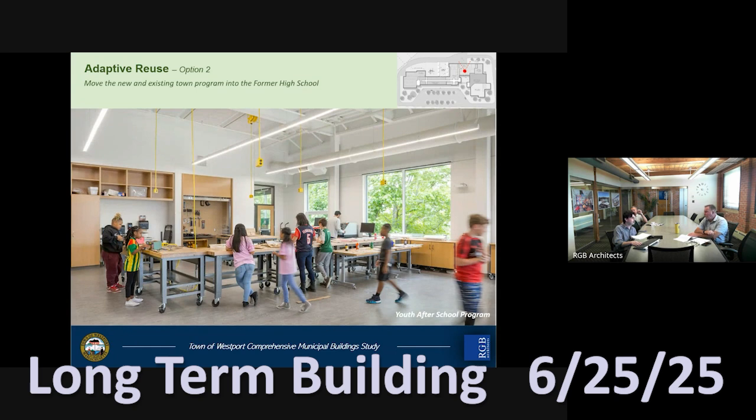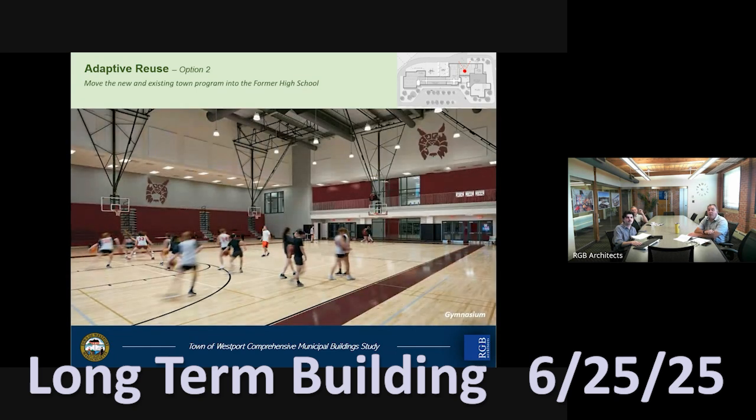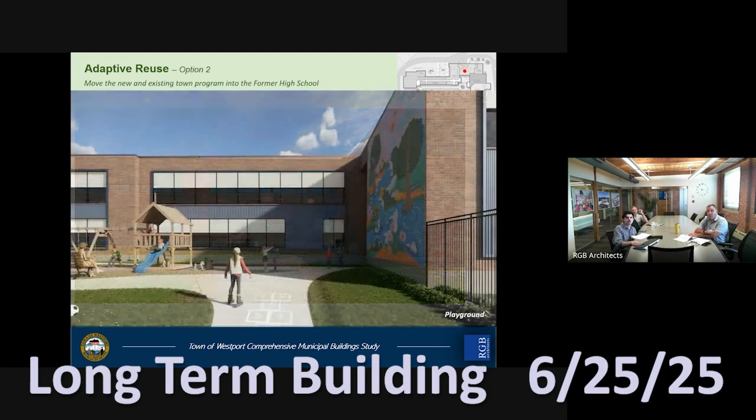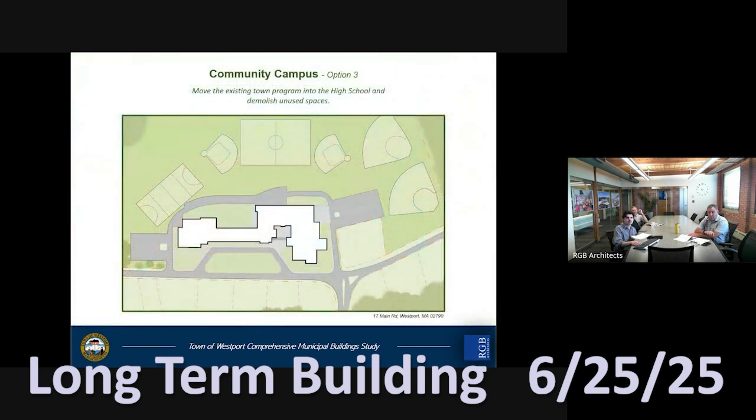In many ways, it's one and the same. The back of the school, new playground, new outdoor space adjacent to, I think it was the farmer's market.